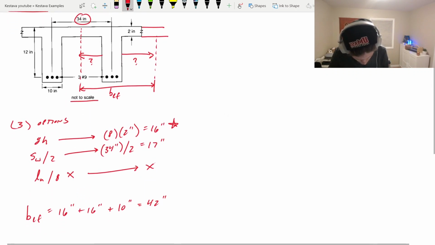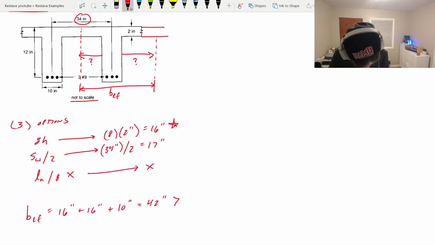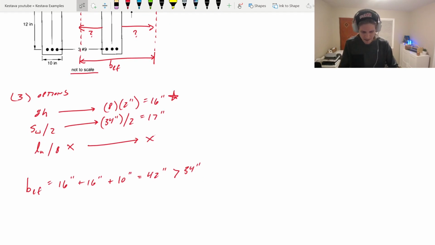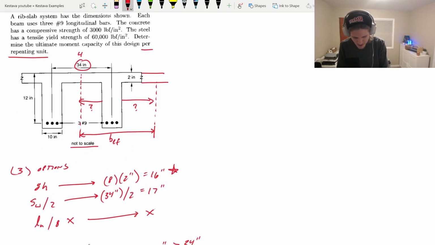Well, 42 inches is greater than the spacing of the webs on center, which is 34 inches. So we could use a maximum of 42 inches. So if the webs were actually 42 inches apart, we could engage and use that full dimension.